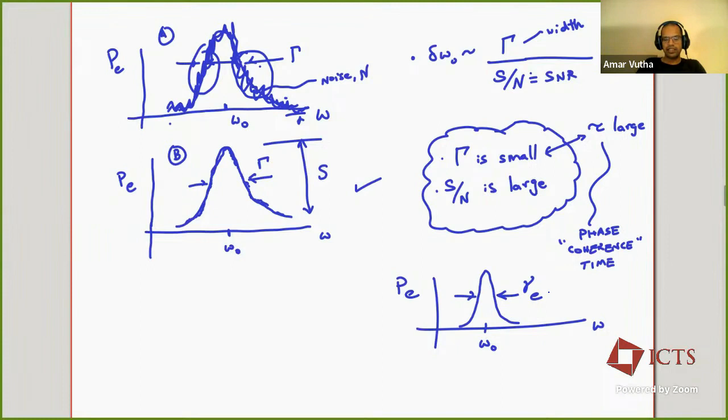Instead, if the atom has long phase coherence because you've trapped it nicely, you're holding onto it nicely, it's protected from other perturbations, and it has a very long excited state lifetime, then you may be limited by the laser line width. And then if you make a measurement of the atomic spectrum, if you had a much better laser, you would have measured a much sharper line.